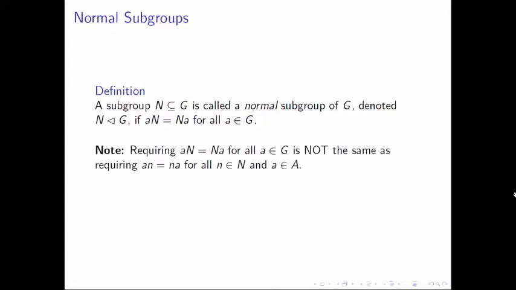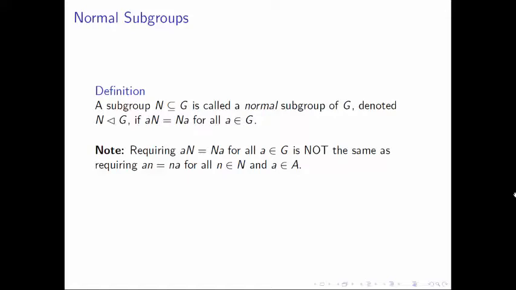all elements of G. Now note that this is not quite as specific of a requirement as it seems originally. Requiring that these two sets, aN and Na, are equal for all a in G is not the same as requiring little a times little n to be equal to little n times little a. We're not requiring that elements of a and N commute.